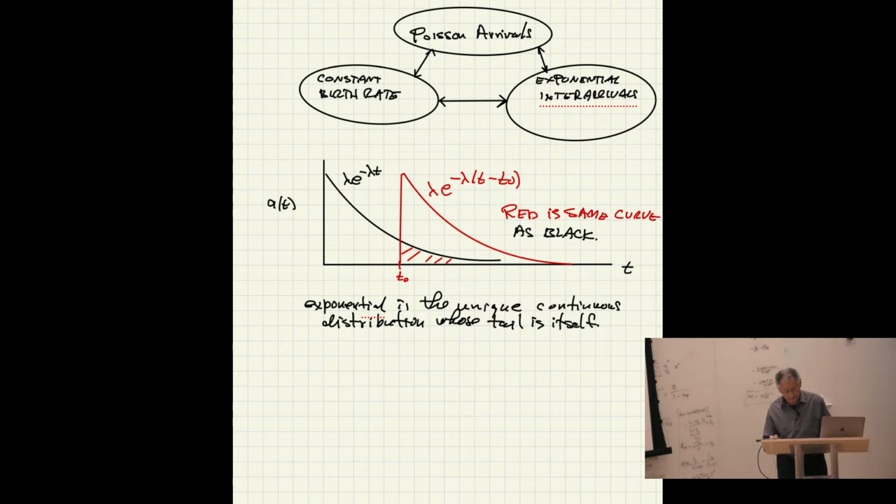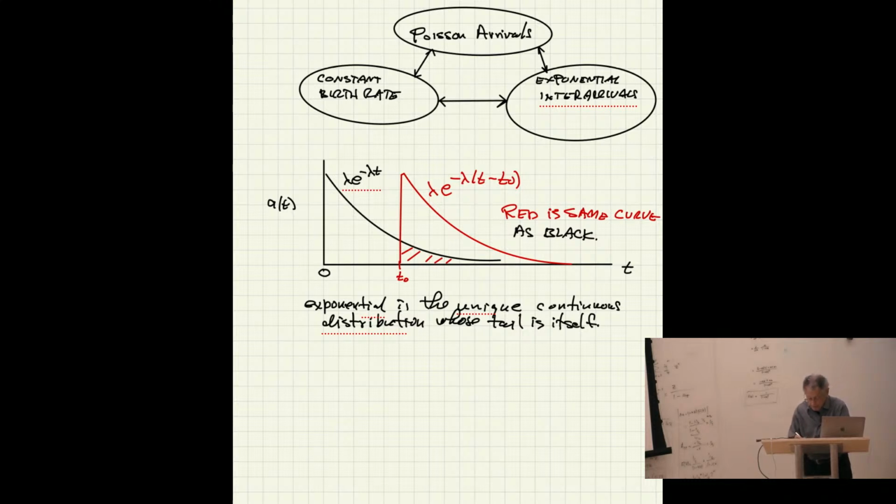So again, if you know it's been t0 seconds, you look into the future. The future, the red, looks exactly like it did from time 0. So the future looks the same no matter how long it's been. So knowing how long it's been doesn't affect your prediction of the future. Very important. So for the exponential, as opposed to the Poisson, let's find some numbers.